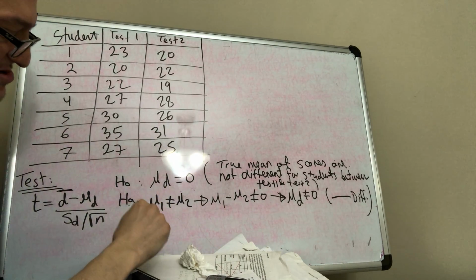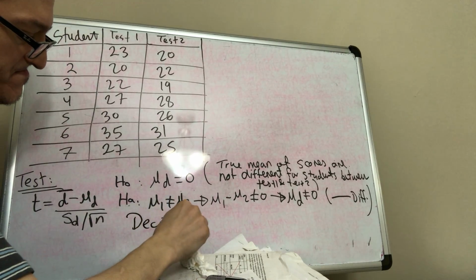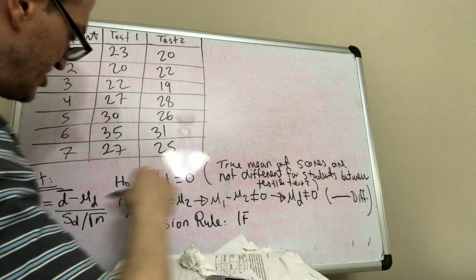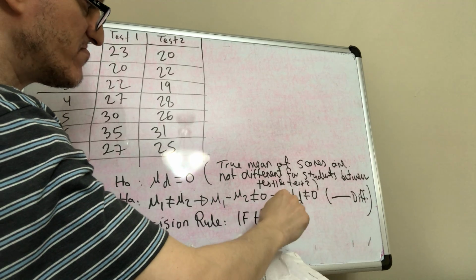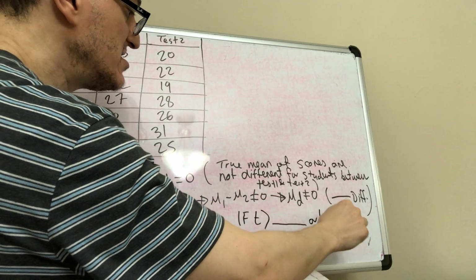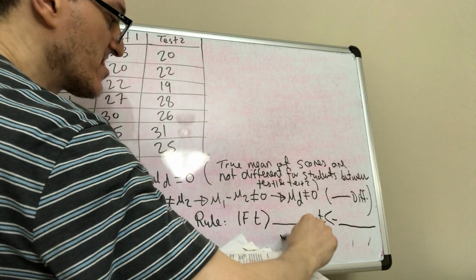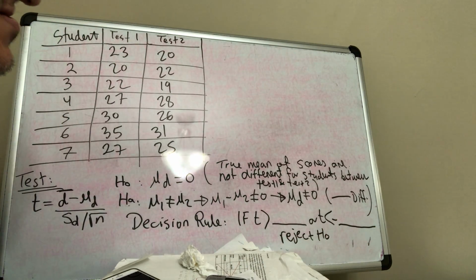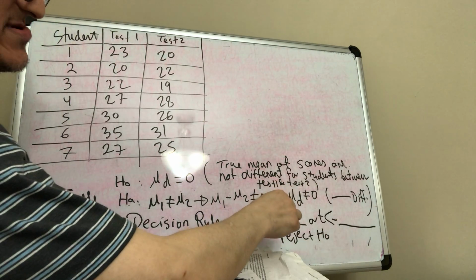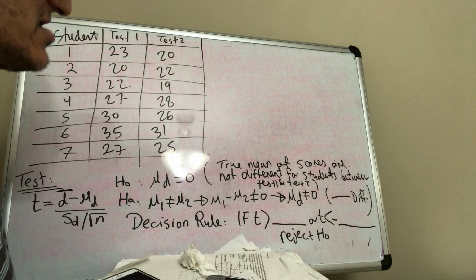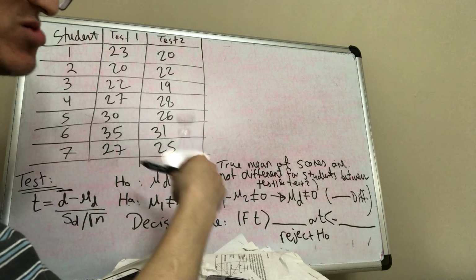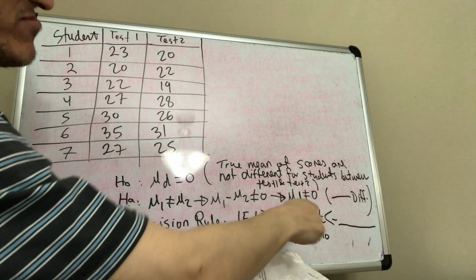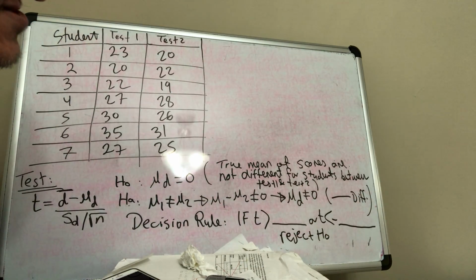For a two-tailed system, decision rule: we know we're using t, so we say if t more than or t less than minus, reject H0. For a one-tailed upper tail, you only say t more. If it happens to be one-tailed lower tail, you say t less than negative. But this is two-tail, so more or less than negative, reject.